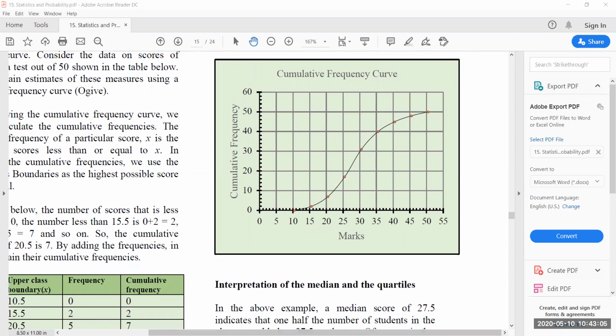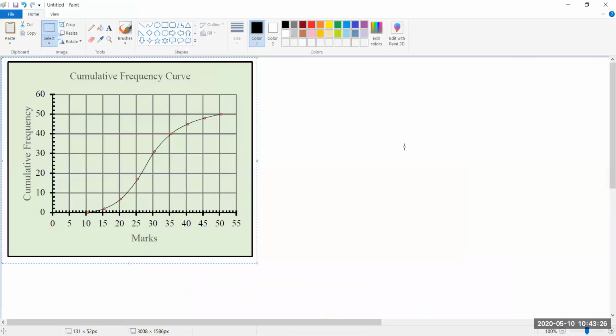Let me snip it. Right. Are you all seeing it here?